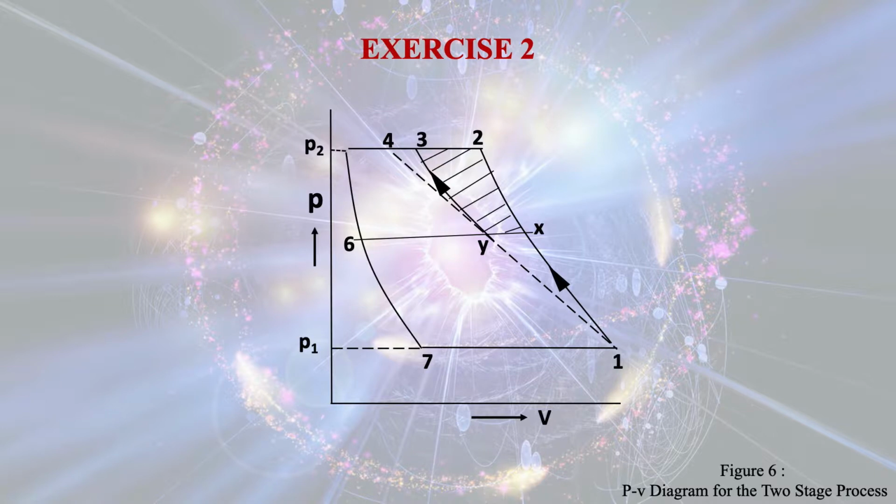Now you see, this is the diagram for performing the compression operations in two stages. What is happening here is that the compression work is from 1 to X, and X to Y is the cooling of the gas, so that after first-stage compression the temperature of the compressed gas will come down to the initial temperature T1.